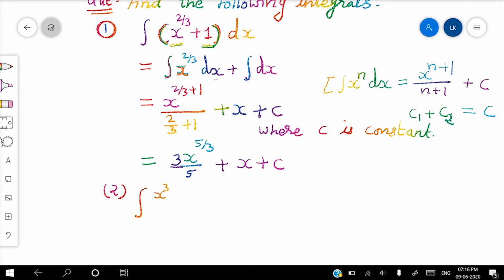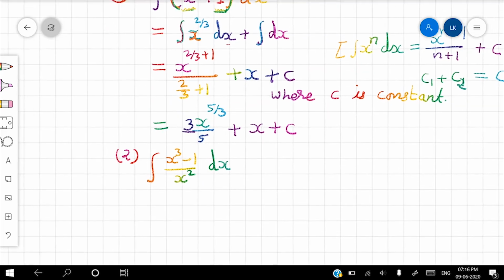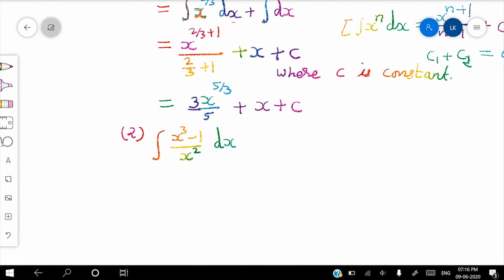Second example, integral of x cube minus 1 upon x squared dx. Take your notebook with pen and try to solve it yourself. Do fast, quickly. The best method for doing mathematics is to write and think yourself first.